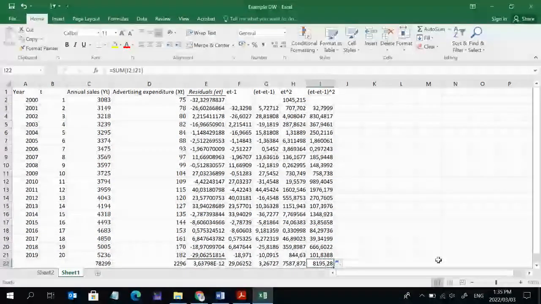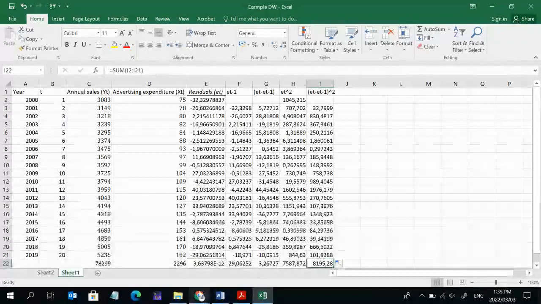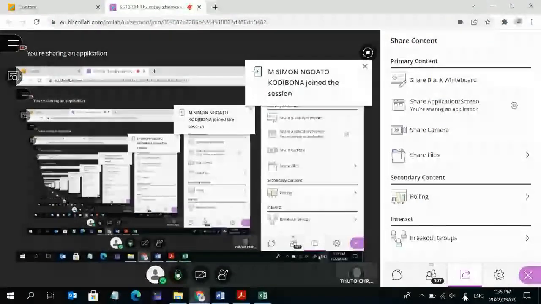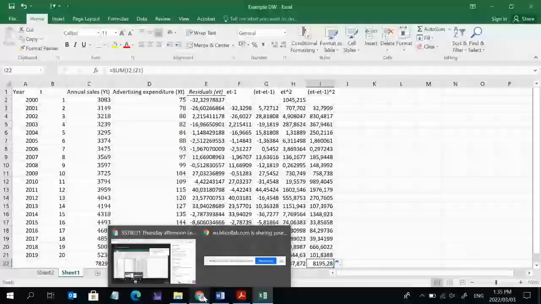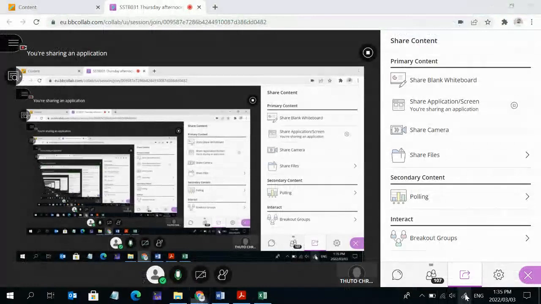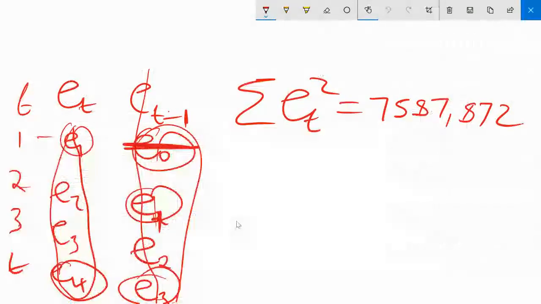And the sum of ET minus ET minus 1 squared is 8195.28. So if I go back to the board, the value is 8195.28.